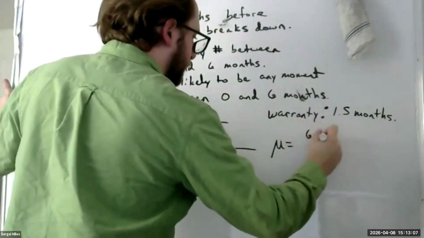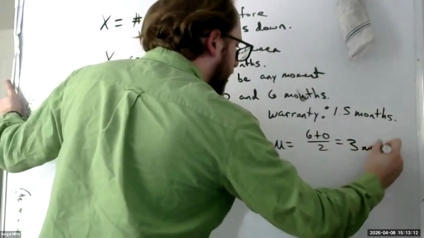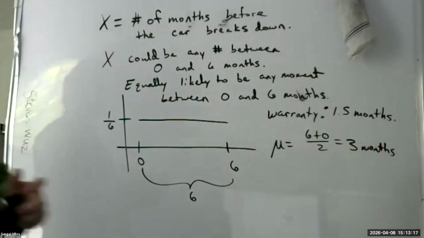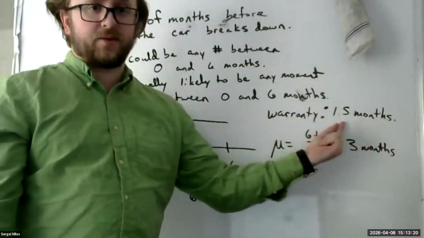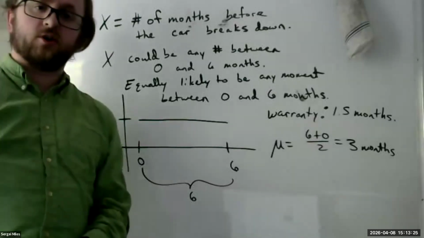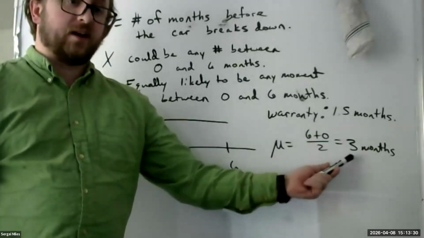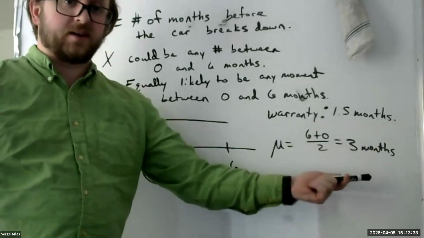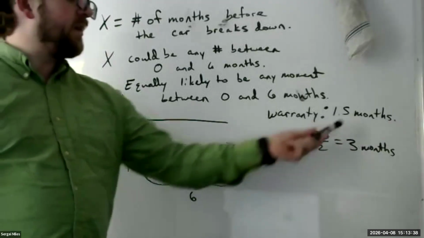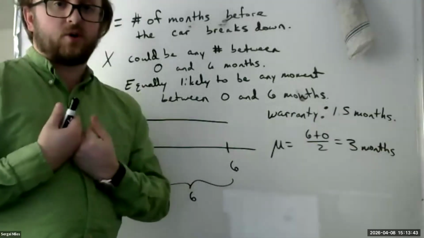Well, 6 plus 0 divided by 2 is 3. So on average, these cars are going to break down around 3 months, which is exactly why the salesman doesn't care about this warranty. He can tell customers, oh yeah, I'll give you a 45-day warranty, no problem. But he knows that on average, they're not going to break down yet. It may take 3 months before they break down. If it's equally likely to be anything between 0 and 6, the odds are that he's going to be okay. It's going to break down after the warranty, and then he gets to walk away with the money.